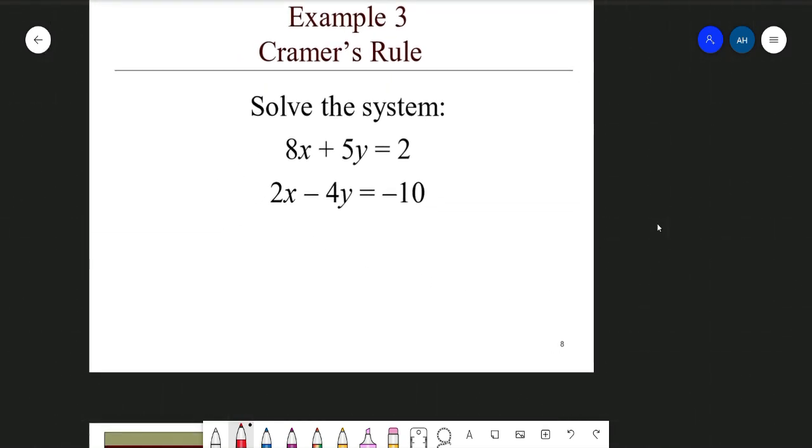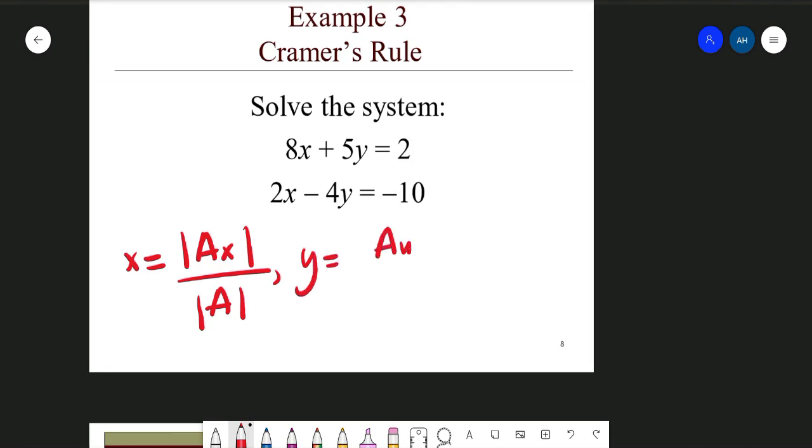So we can find x, write down the formula, that is the determinant of Ax divided by the determinant of A. That's for x. Y is equal to the determinant of Ay, we are going to divide by the determinant of A.